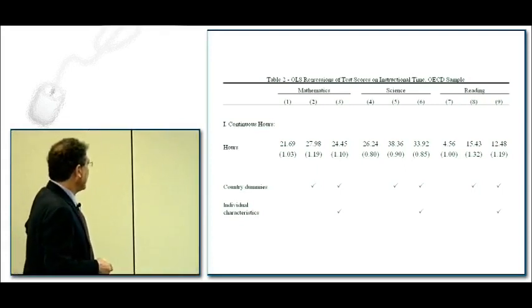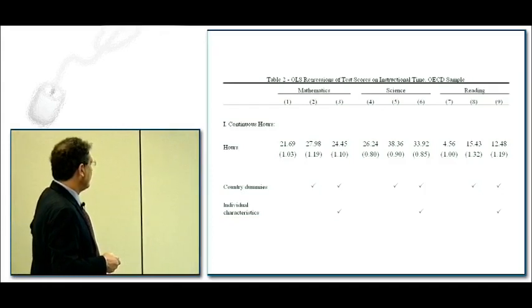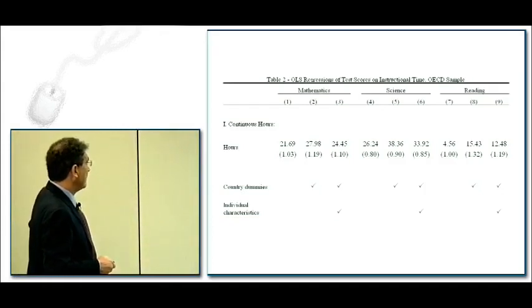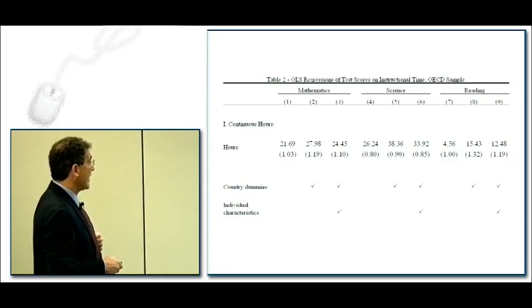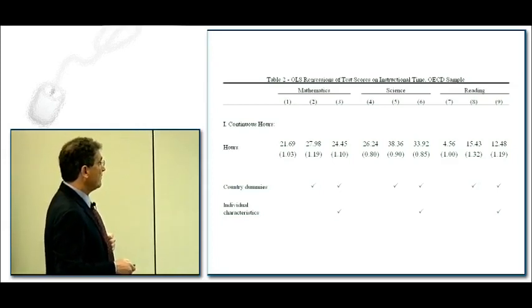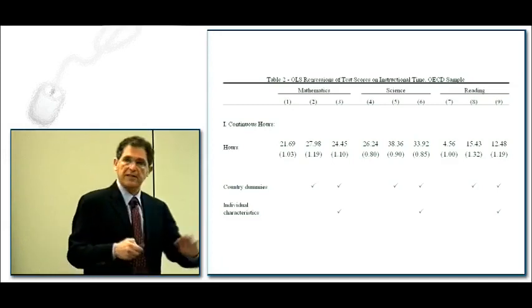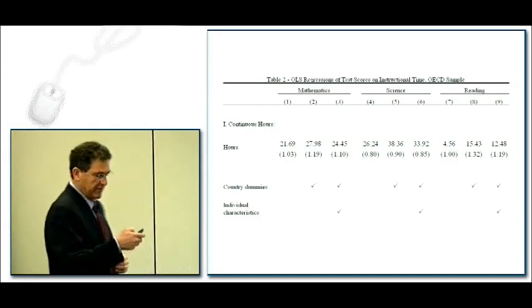You add country dummies, it goes up. You add individual characteristic, it goes down a bit. Okay? So that's the OLS estimate. And you see that they are positive and very large in science, and they're positive and a bit smaller in reading. Okay? That's the OLS. That's a naive set of estimates.